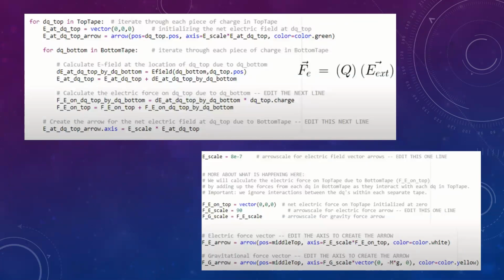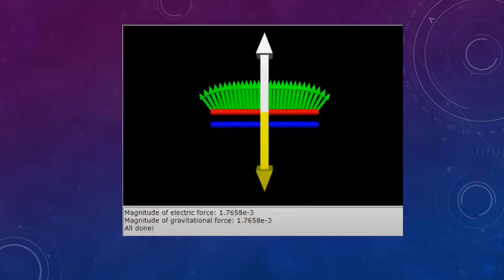The loop shows the iteration of the code going through the different pieces of the tape, because they all had the same charge since it was uniformly distributed along the length. Then we calculated our force vectors, and it gave us this diagram. You can see that the E field points away from the charged tape, and they're all the same magnitude because they all have the same charge at each piece.